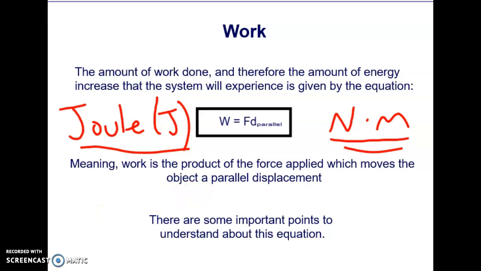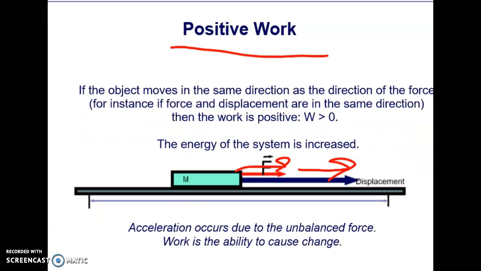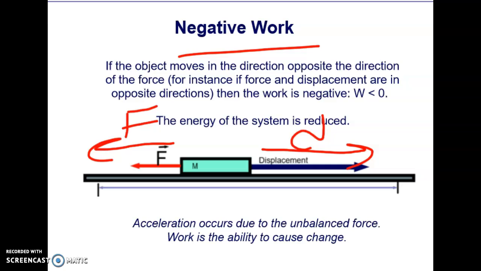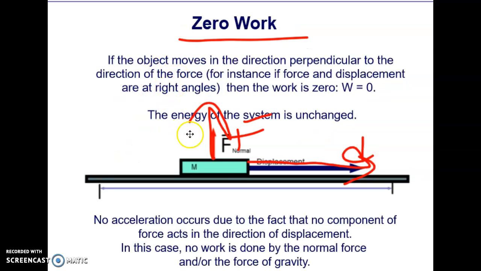It's important to remember that if the force and the displacement are in the same direction, that's called positive work. If the force is opposite of the displacement, that'll be negative work. And if the force is not even parallel, or if there is no distance, we'll have zero work done there.